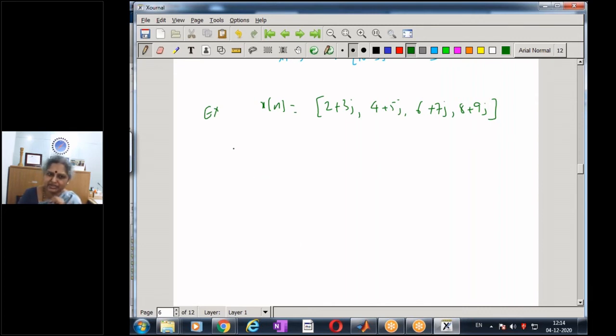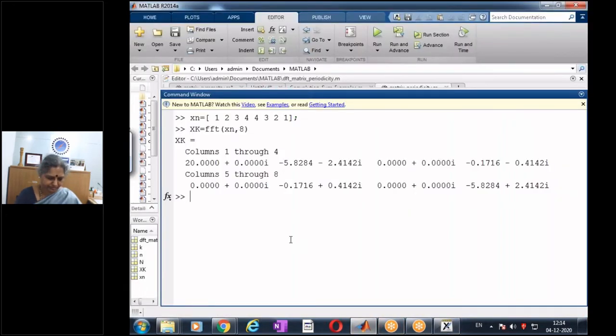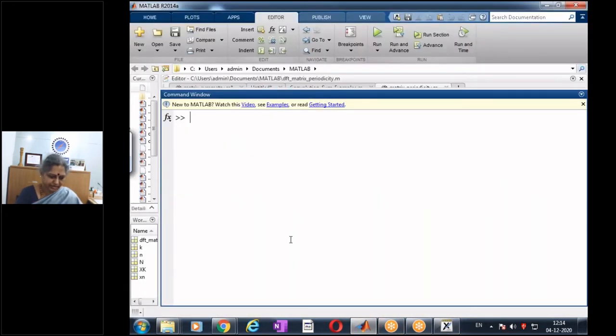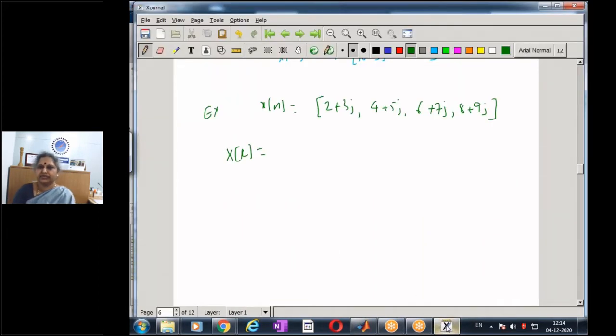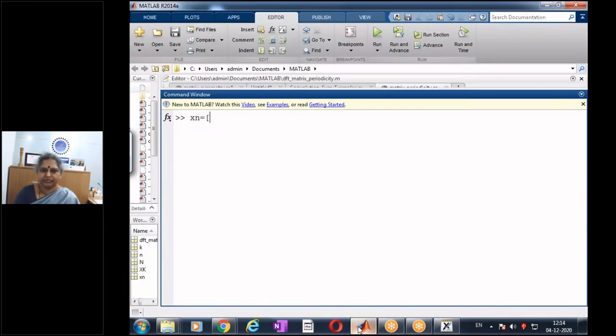So my x of n is not real, it is complex, and let us try to get the 4-point DFT of this sequence and see what the result is. I am having my x of n as 2 plus 3j, 4 plus 5j, 6 plus 7j, 8 plus 9j.